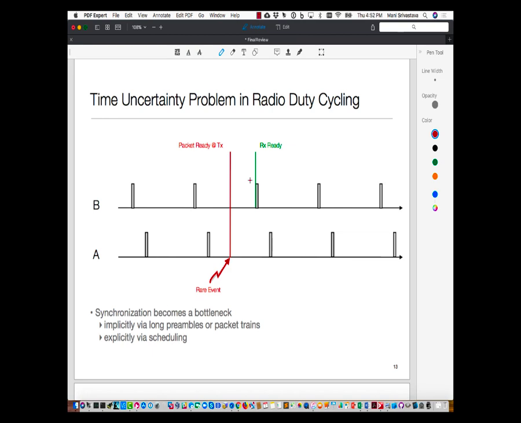So the hunt for keeping radios energy efficient has always been a challenge. A lot of money over the past 3-4 decades has been pumped into that. So back to our problem. One approach is I keep things synchronized.